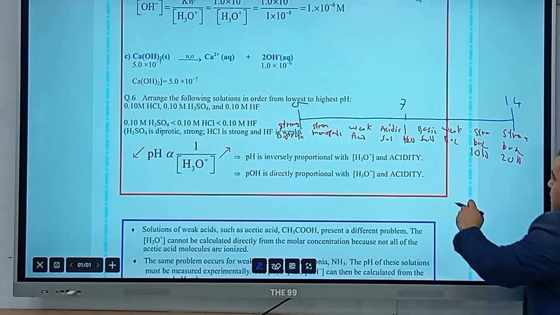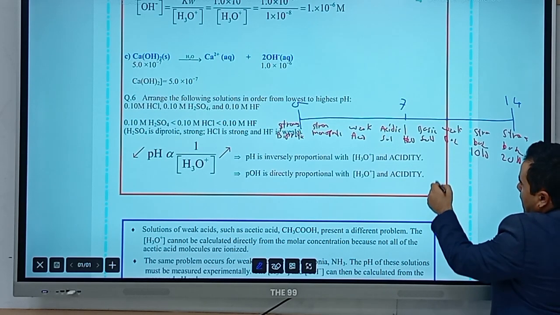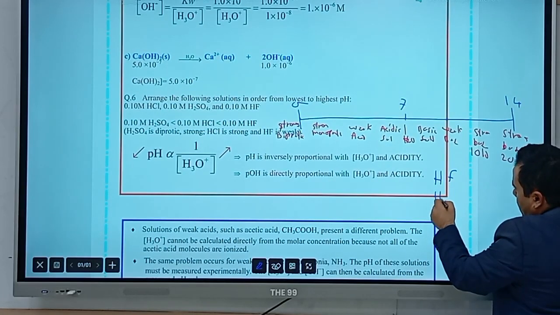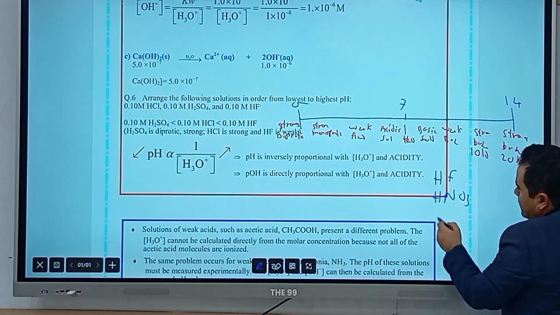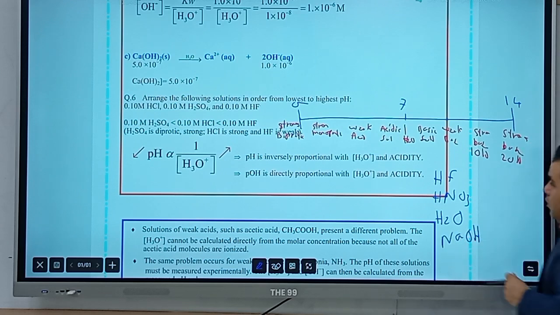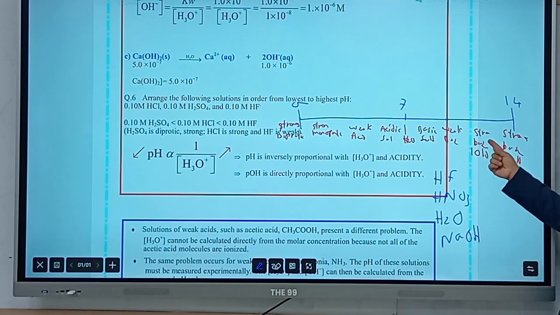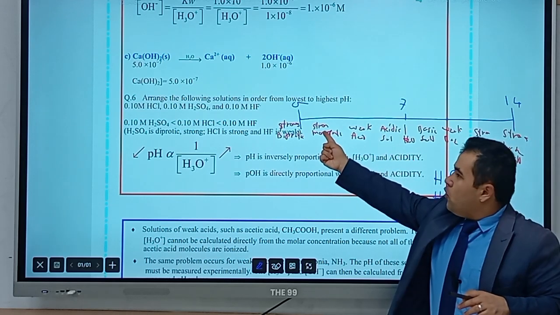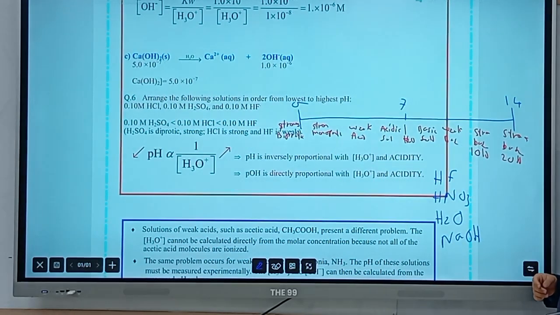For example, let me provide a group of compounds, guys. HF, HNO3, H2O, NaOH. Which of them has the highest pH? NaOH, because it is a strong base with 1 OH, highest pH. The least pH, HNO3, strong monoprotic. Which of them has equal amounts of hydronium and hydroxide?